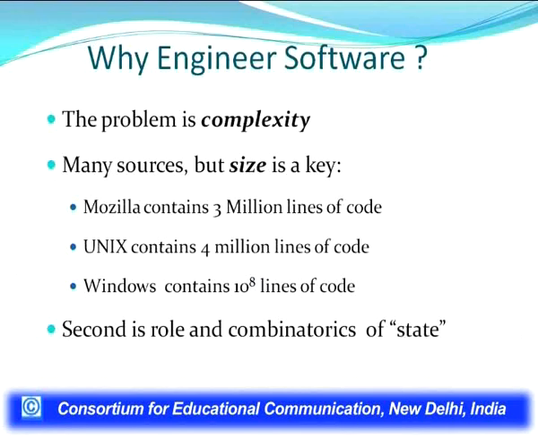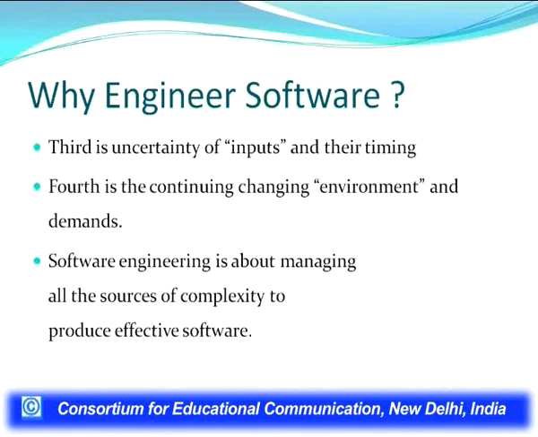Second is the combinatorics of state. Third is uncertainty of inputs and their timings. Imagine you are using software, and sometimes instead of giving a particular input, you give some different input.